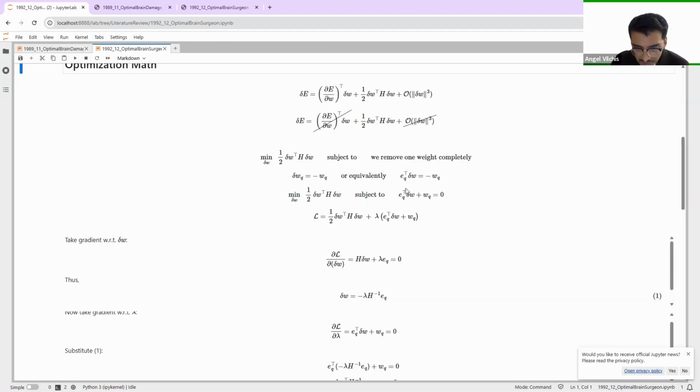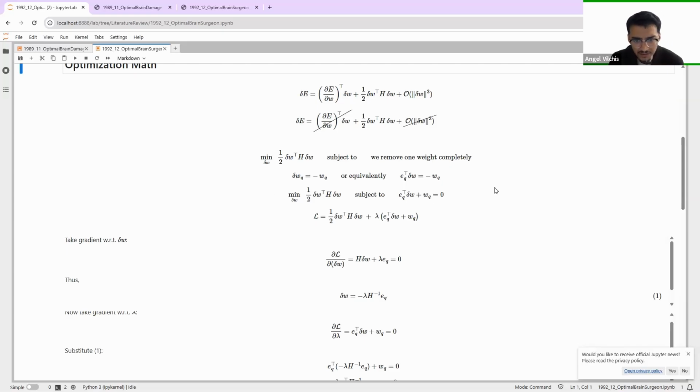Well, long story short, it can be written as this. This is the unit vector corresponding to the Q index dotted with the change in the W's, changing the weights, plus the WQ. That should equal 0. So this is just saying we remove one weight completely. And now we have our full constrained optimization problem.